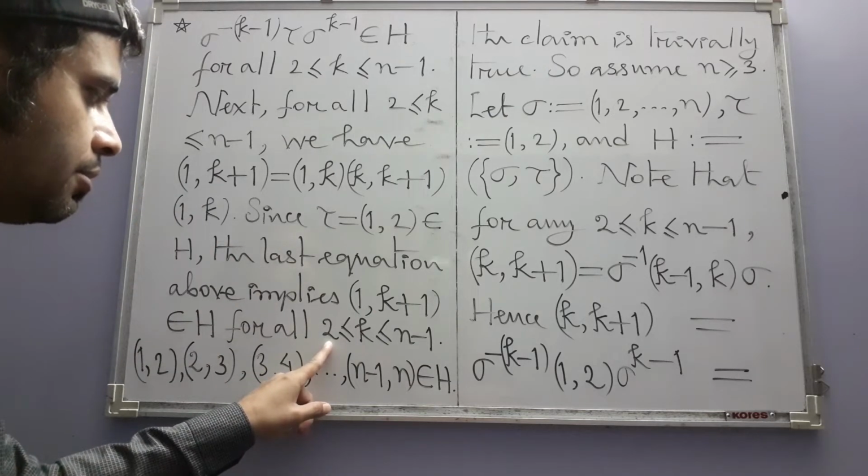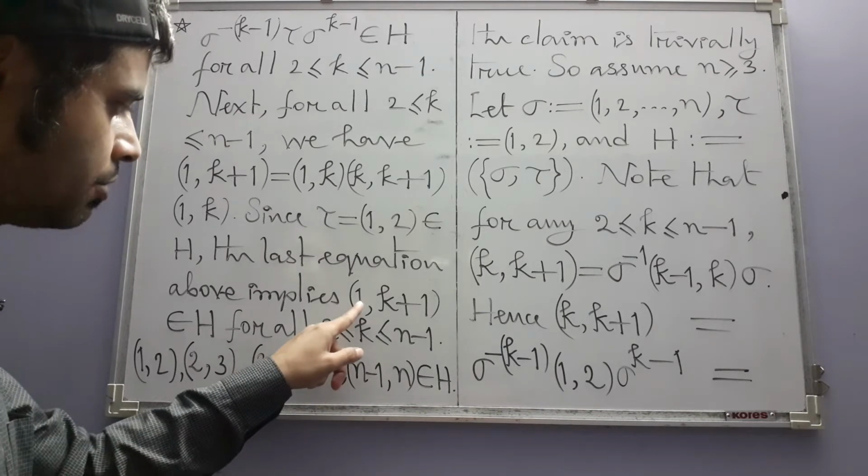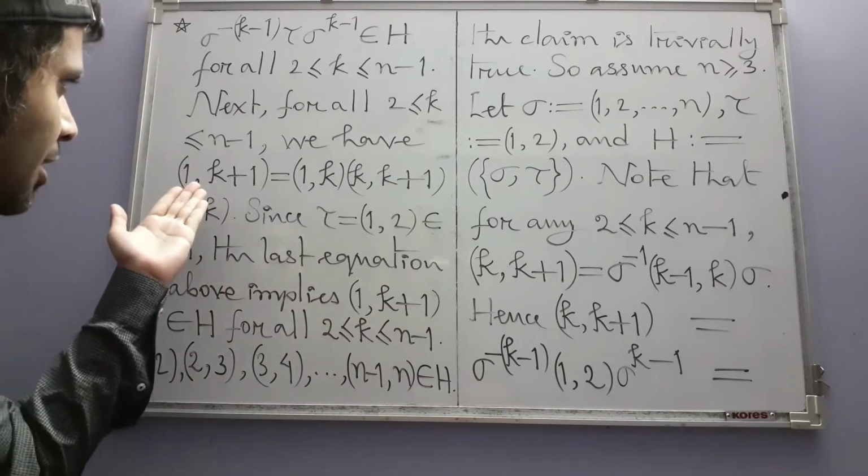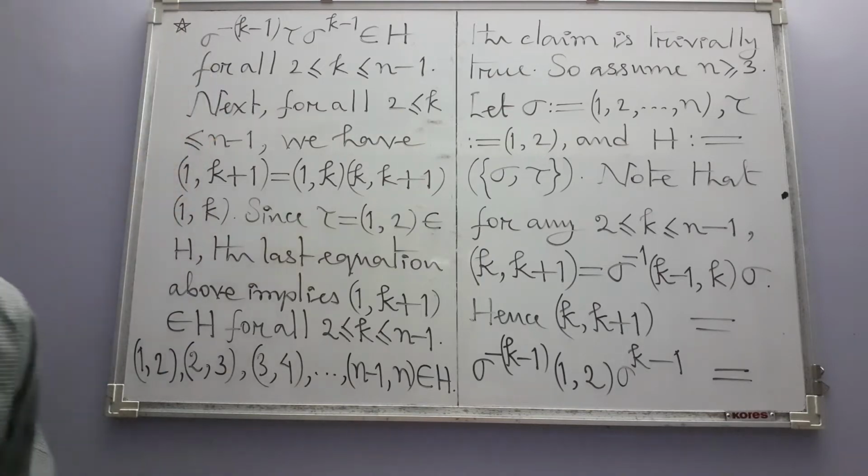So when we put k equal to 2, we are getting (1, 3). So what are we getting from this equation?